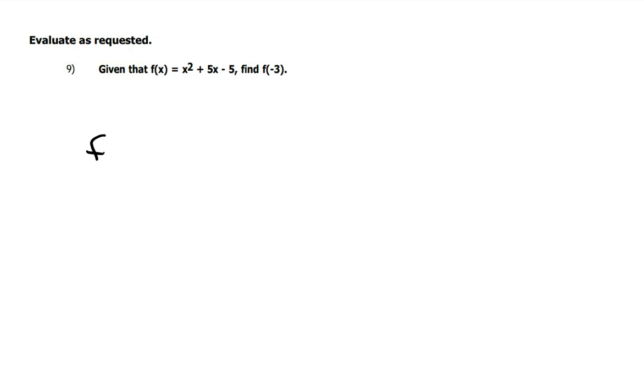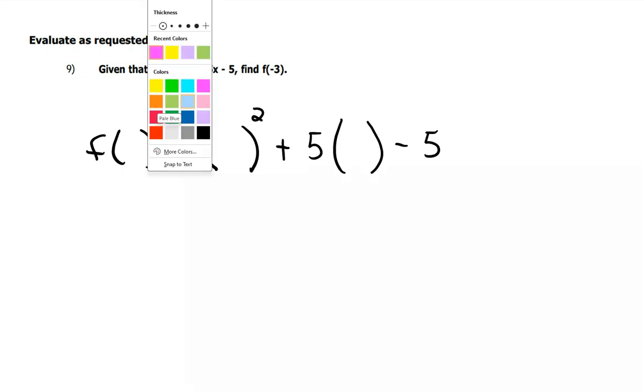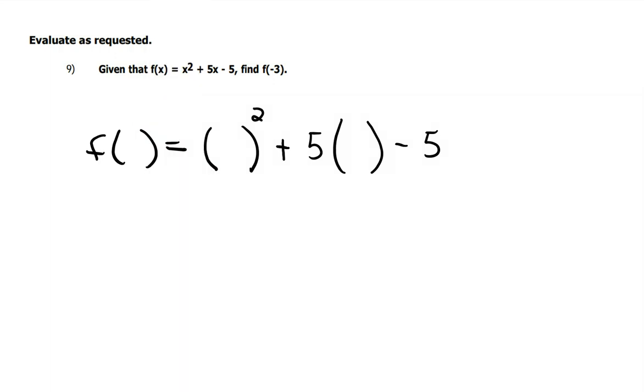So everywhere there was an x, and I like to put parentheses where the x's were, because if the number they give me is negative, which is what they gave me here, a -3. So f of -3, you're going to put that -3 where all the x's are.